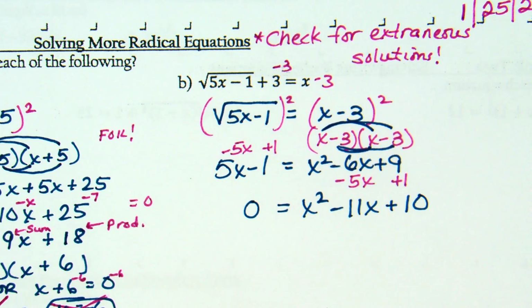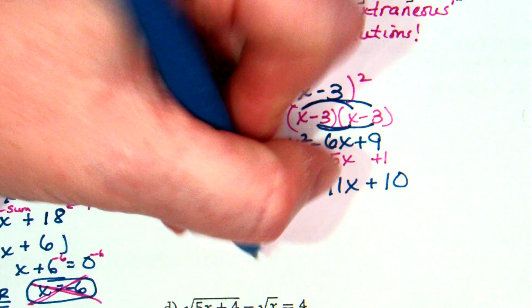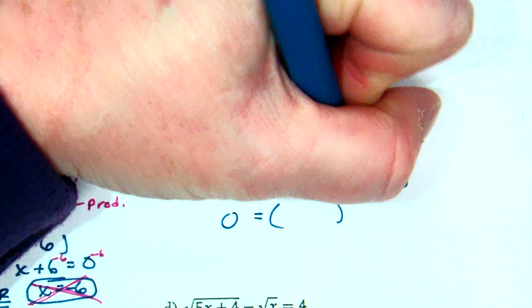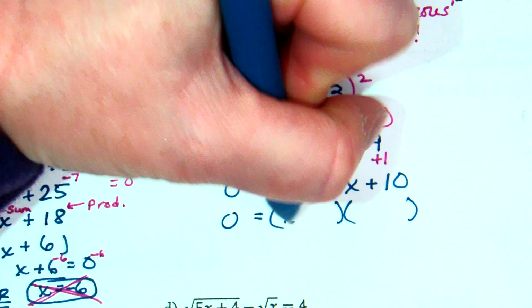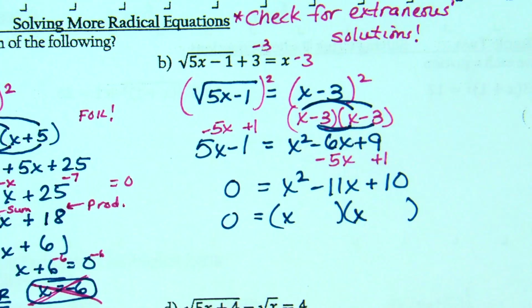Okay, so 0 equals, I'm going to do 2 parentheses. X squared is x and x. We need two numbers that multiply to be 10 and add to negative 11. So multiplying to be 10: 1 and 10, or 2 and 5?